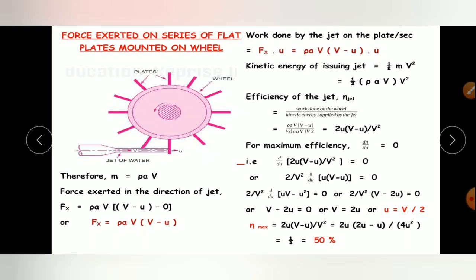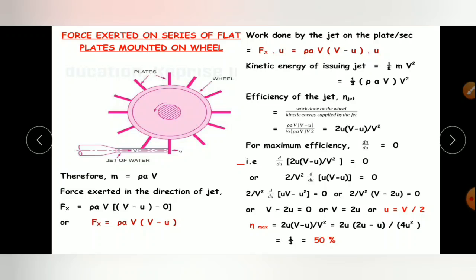Rho is the density of the water, which is equal to 1000 kg per meter cube. Therefore, mass of water equals rho into A into V, where rho is the density of the fluid, A is the cross sectional area of the jet, and V is the velocity of the jet.